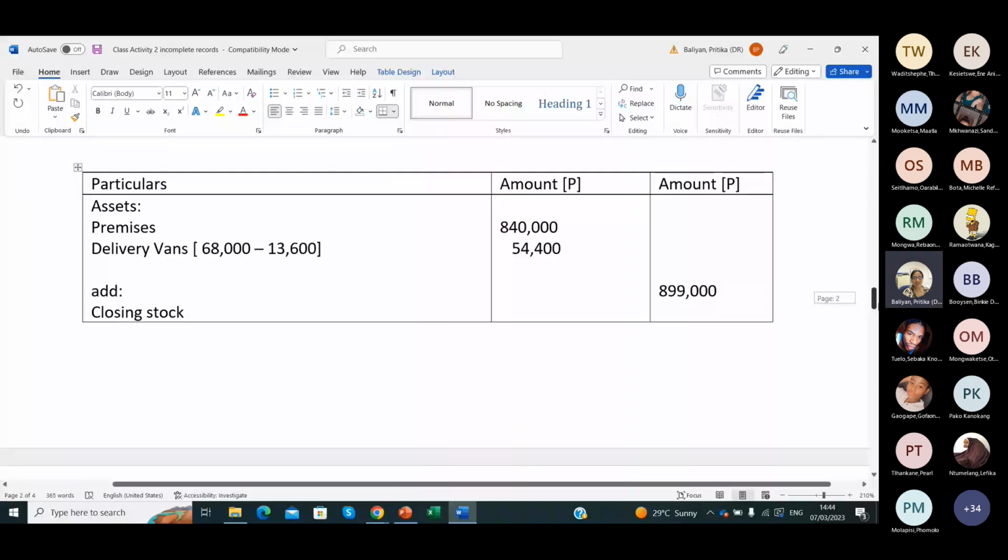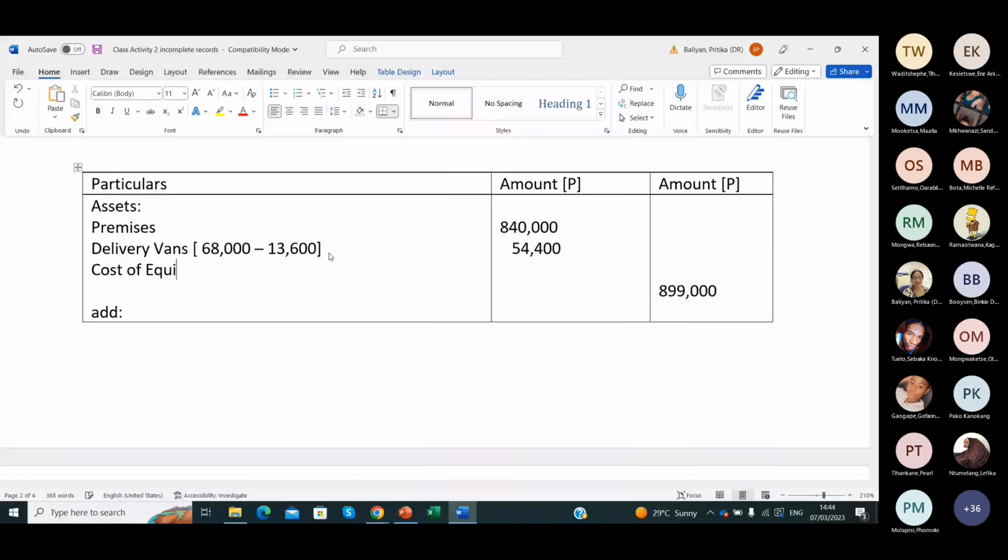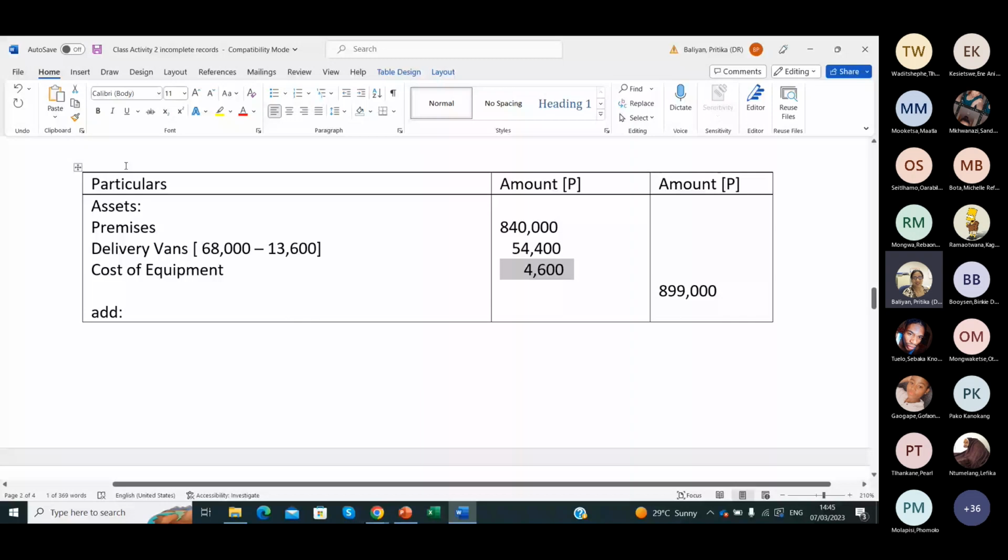So we will also add the cost of equipment, because they bought it this year, so there will be no depreciation on this. Okay, I was checking, right. 4,600. Okay, so when you add, then it's fine. So this is our non-current asset.